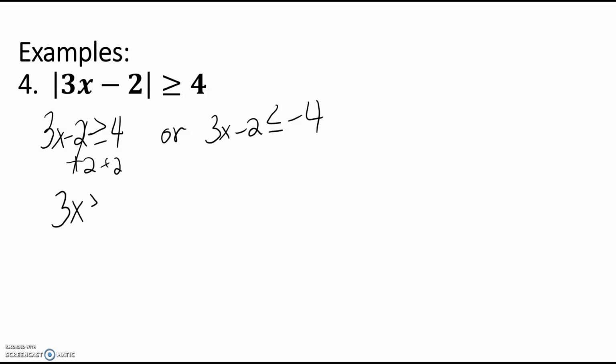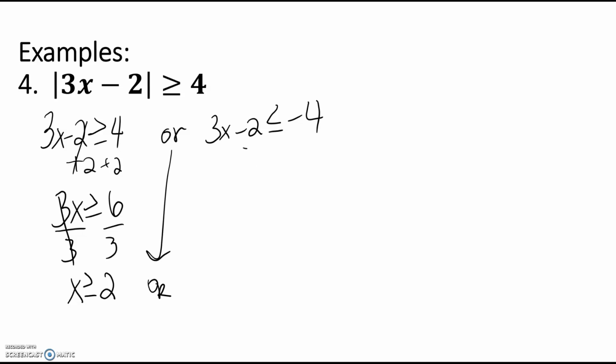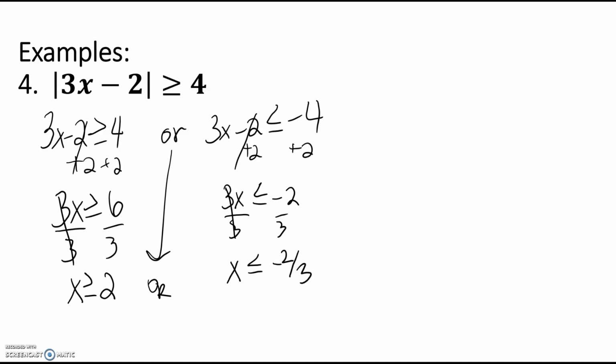I get 3x is greater than or equal to 6, divided by 3, so x is greater than or equal to 2. Or, when I add 2 to both sides over here, I have 3x is less than or equal to negative 2, and when I divide by 3, I get x is less than or equal to negative 2/3.